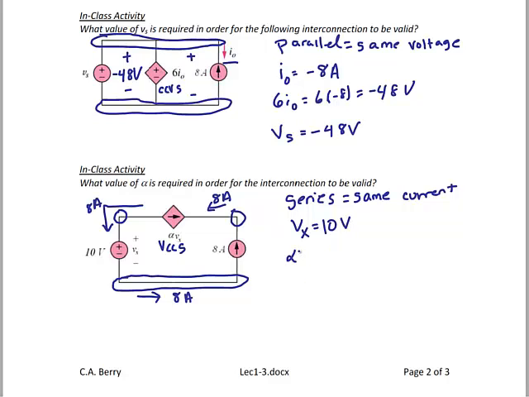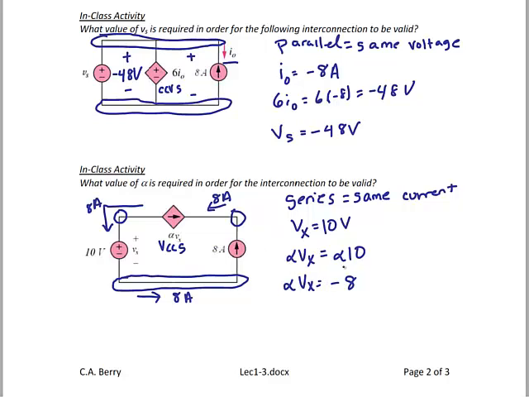Now my current source, which is alpha Vx, would be alpha times 10. However, our challenge is to find alpha, which we don't know yet. But since we know all of the current sources have to have the same direction and the same current value, I also know that alpha Vx must be equal to negative 8. Why is it negative? It's negative because the current actually is counterclockwise through that loop, but the current through the dependent source is pointing clockwise.